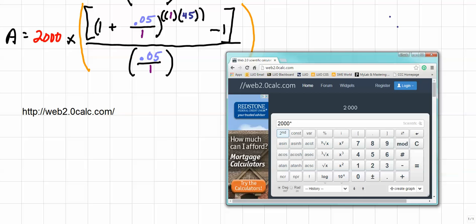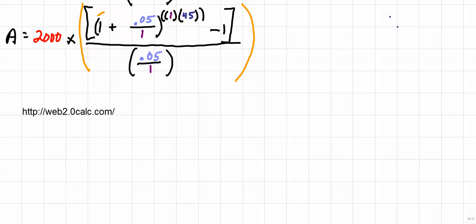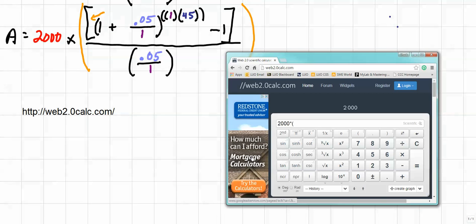So the first one is I'm going to open a set of parentheses. Then you'll see that there's this next set of parentheses right here. So I'm going to open another set of parentheses. And in fact, there will be 3 sets of parentheses opened.